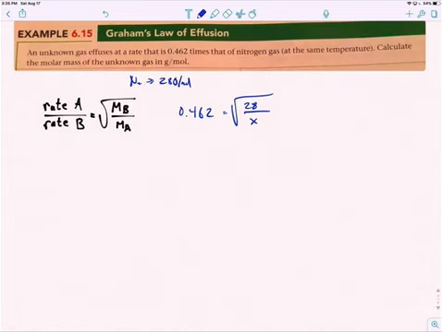You get 0.462 squared equals 28 over x, and then x equals 28 over 0.462 squared. You put that in your handy dandy calculator and you get 131, and the units are grams per mole. So 131, and that's probably xenon. Xenon is 131 grams per mole. It could be something else, but it's probably xenon. It's a pretty heavy gas.